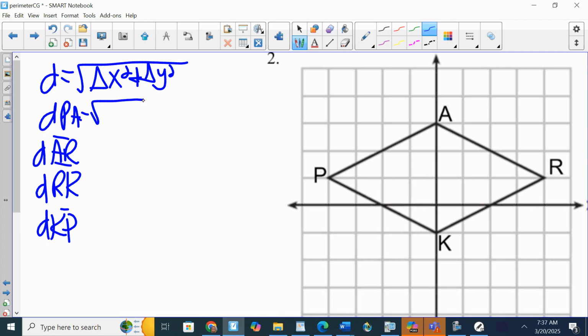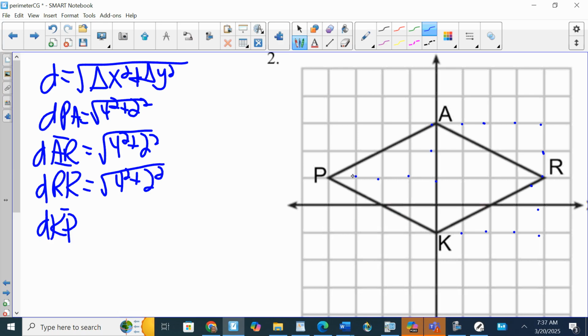So distance of PA is 1, 2, 3, 4, 1, 2: 4 squared plus 2 squared. I like to set everything up first before I solve it. AR is 4 squared plus 2 squared. RK is 4 squared plus 2 squared.